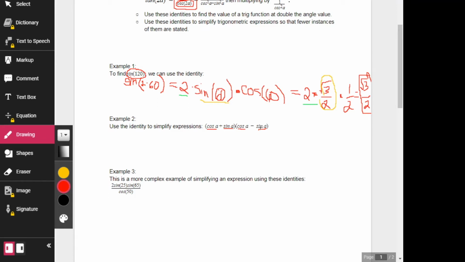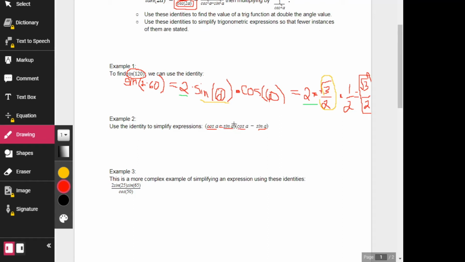So you will see this, and for example, I noticed that they both have cosine of A, they both have sine of A, and their operations are different. One's plus, one's minus. To me, that activates my pattern recognition saying this is going to be a difference of squares, which means if I multiply this, I'm going to get a really nice expression.